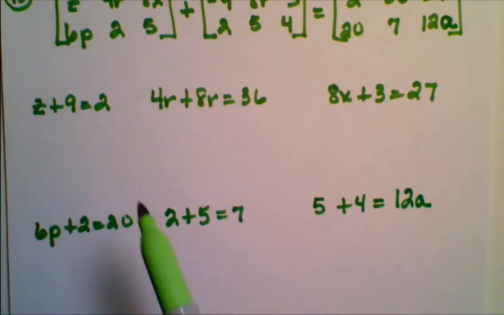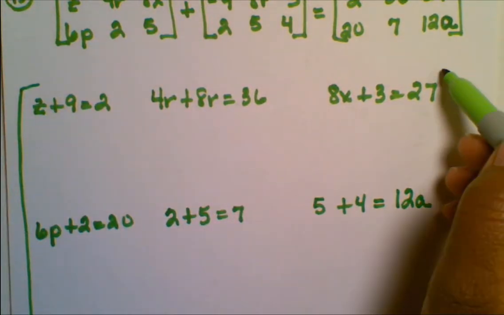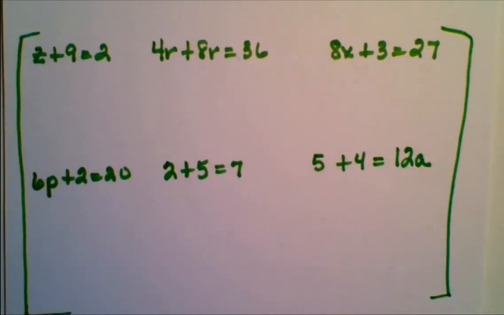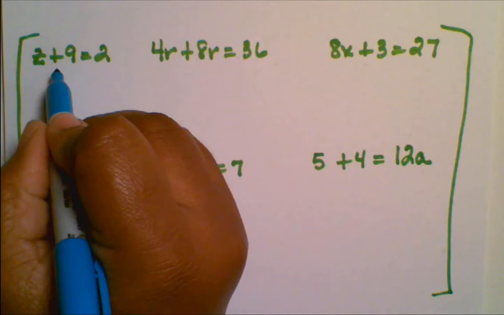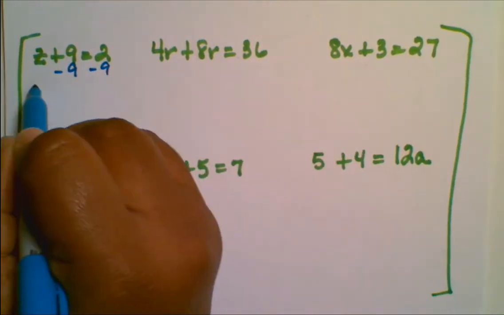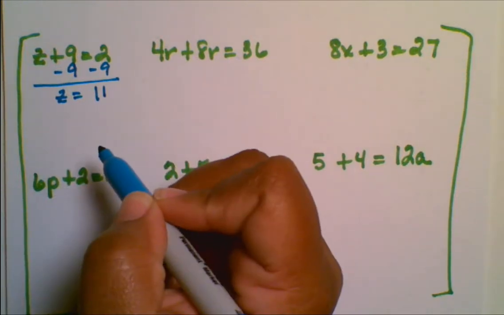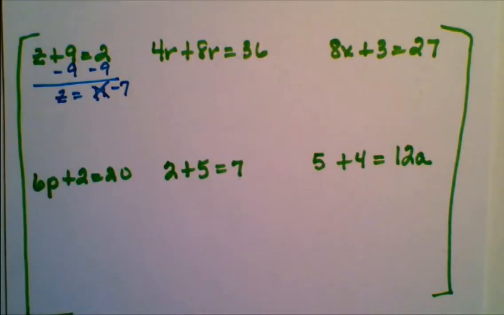All right, so let's go ahead and solve each of these. First equation, we subtract 9 to both sides. We have Z is equal to 11, not 11, but -7.